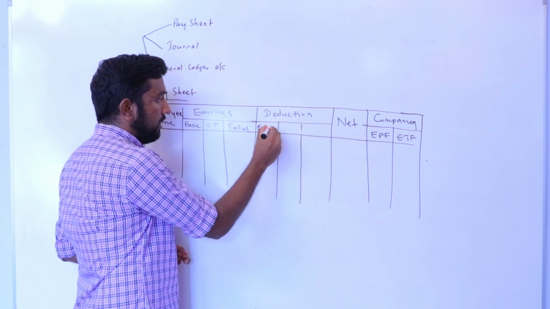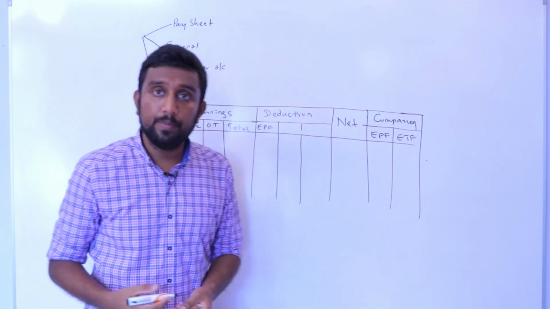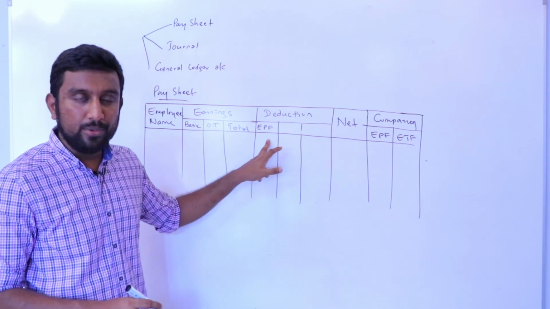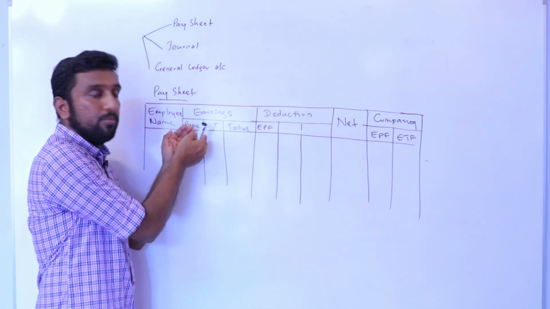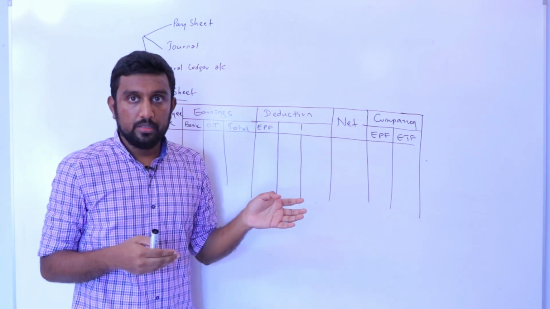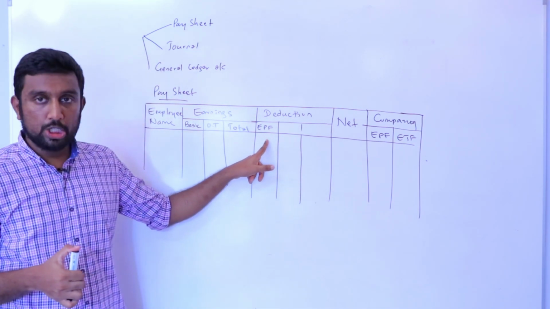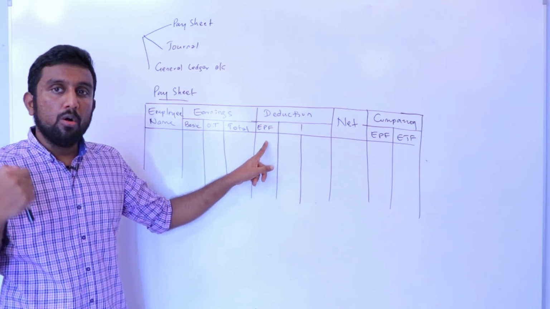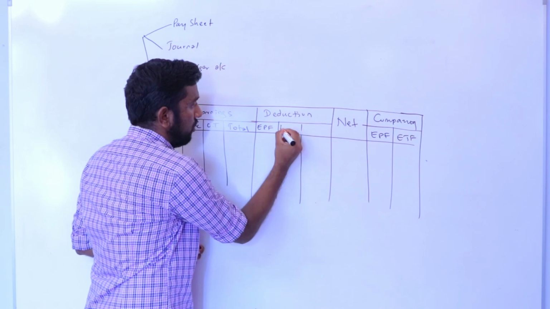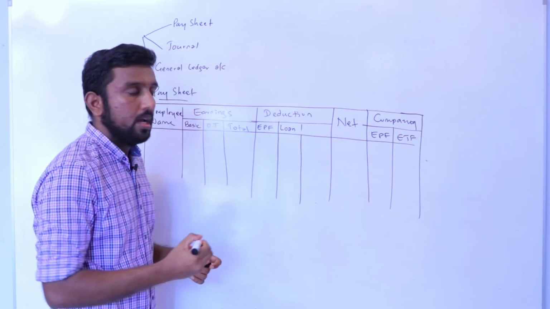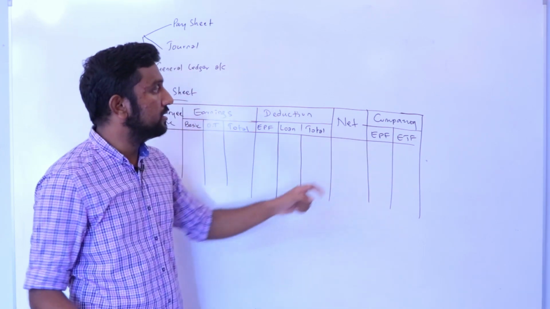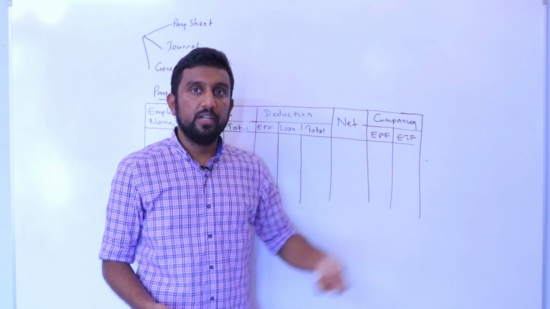First one, anyway, we should have EPF in all questions. So EPF contribution of the employee, because I am deducting from my earnings, from the salary which the business is giving to employees, right? Therefore, this is the deduction, this is the contribution of the employees. And let's say we have employee loan, and the total. Then net, and this is the contribution of the company, EPF and ETF.